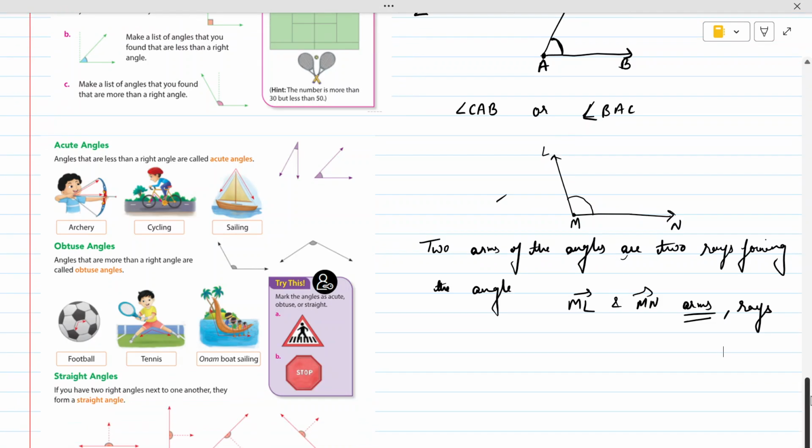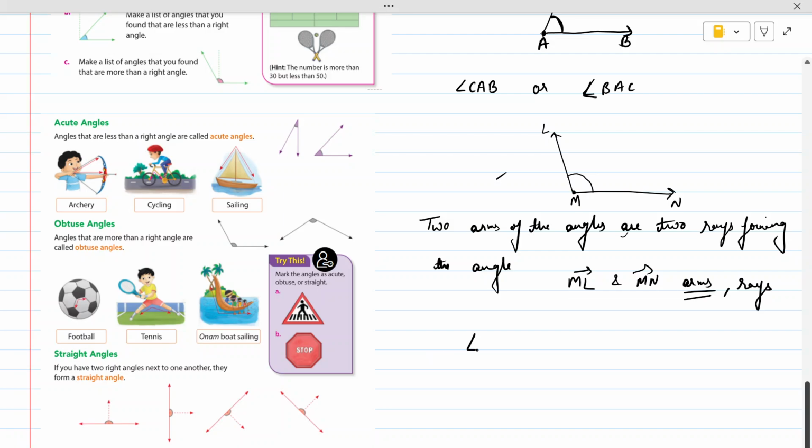And what are the possible names of this angle? You can write this as angle LMN or angle NML also. Also kids, sometimes we name this angle as angle M also. The angle at this point M is angle M also, but generally we avoid it. Why?